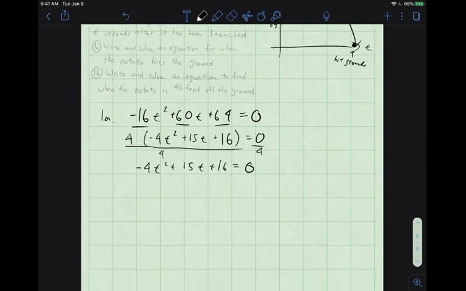We think about, okay, on the side, here's our box and diamond. Negative 4t squared and 16, together they make negative 64t squared, and we have to add up to the 15t. 8 and 8 make 64. 7 and 9 make 63.